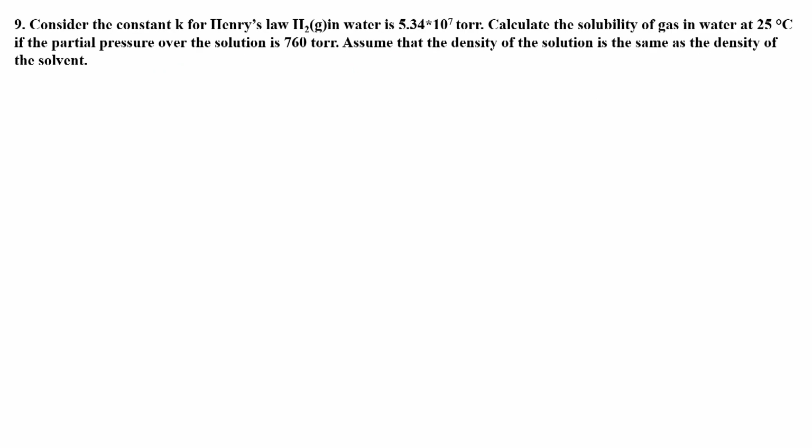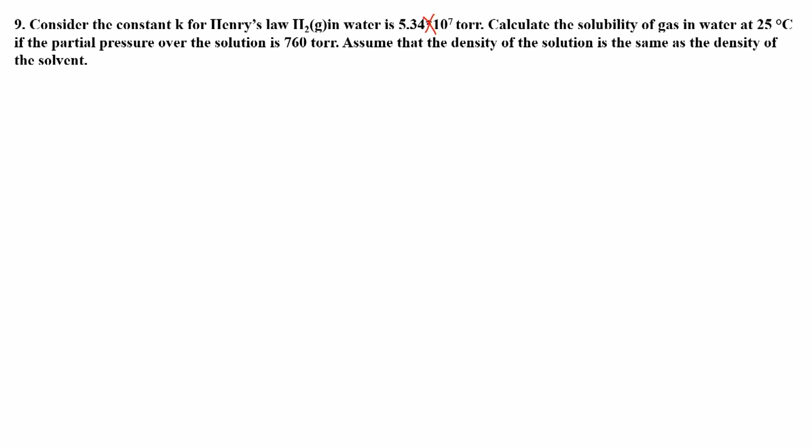Next we move to problem number 9. It says, consider the Henry's constant K for Henry's law of H2 gas in water is 5.34 times 10 to the 7 torr. Calculate the solubility of gas in water at 25 degrees Celsius if the partial pressure of the gas is 760 torr.